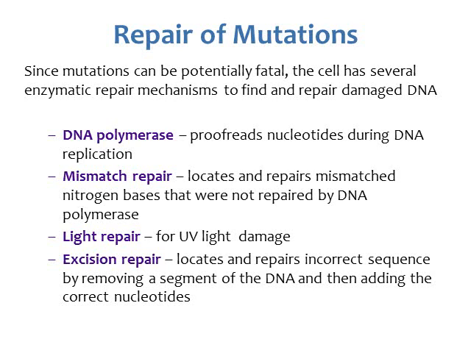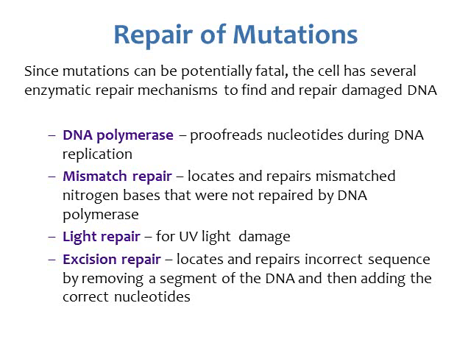There's light repair. So if you expose an organism to UV light and they get damaged, you can expose them to regular colored light, so visible light, and that visible light can actually repair the DNA damage. And then the fourth one, excision repair. These enzymes locate and repair incorrect sequences.